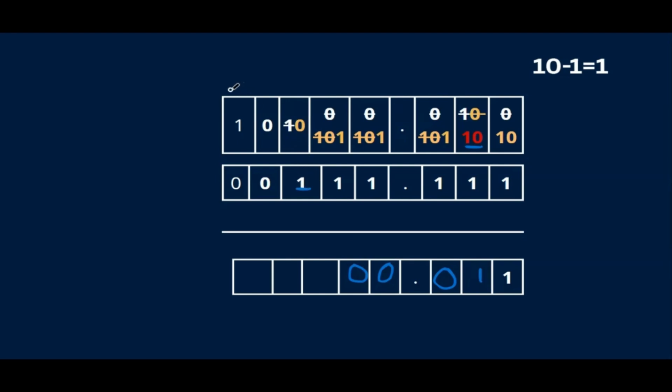Hence we have to perform the borrow operation from this position, which means this 1 is borrowed to this position first, such that this 1 becomes 0 and this 0 becomes 10.